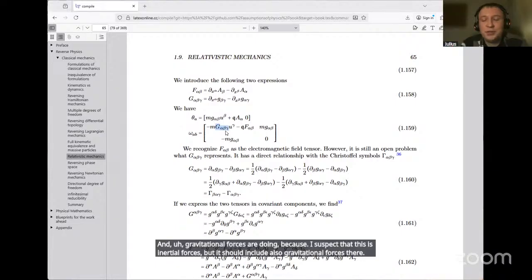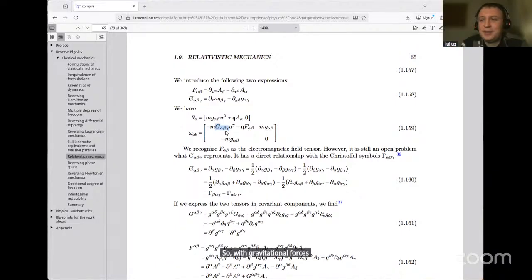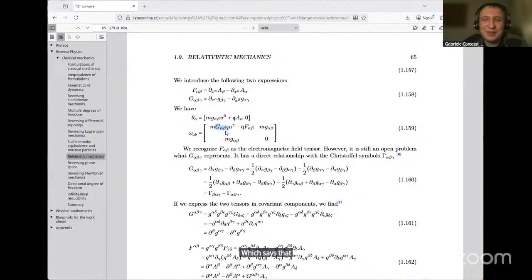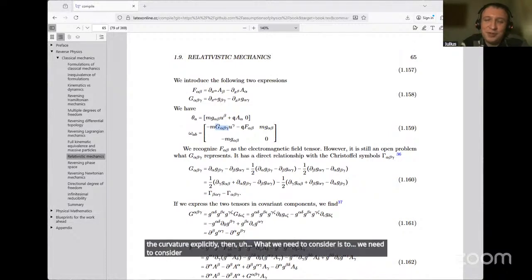With gravitational forces, one aspect is Einstein's equivalence principle, which says that locally we are falling freely. So if we want to see the curvature explicitly, then we need to consider extended bodies or systems of particles.